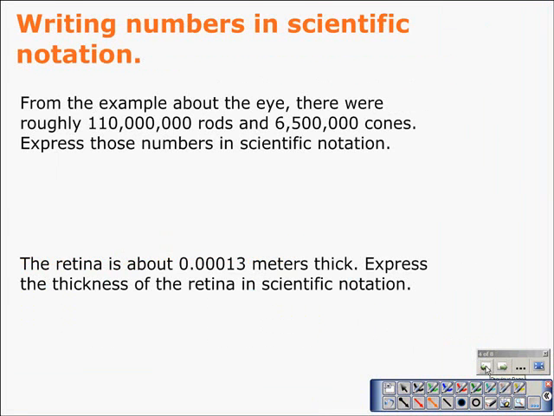Using or writing numbers in scientific notation: from the example about the eye, there were roughly 110 million rods and 6,500,000 cones. Express those numbers in scientific notation. Well, here's the number 110 million.